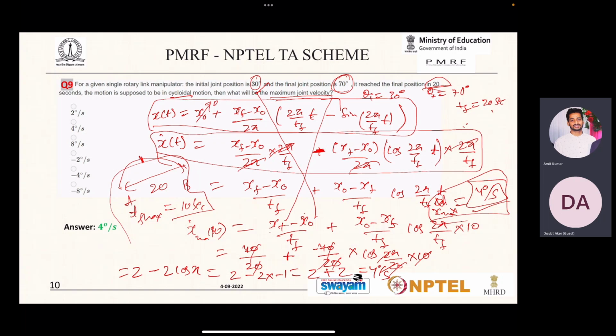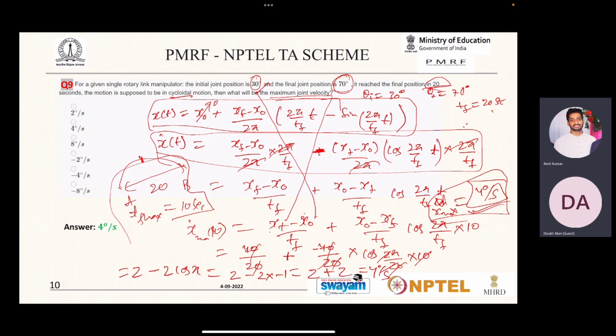Then we know that the maximum velocity occurs in between the time interval. So we have 20 seconds, and at t equals 10 the maximum velocity will happen. Using that t, we put it into x dot of t to find the maximum velocity, and we found it as 4 degree per second. So this is how we get the answer for this question.